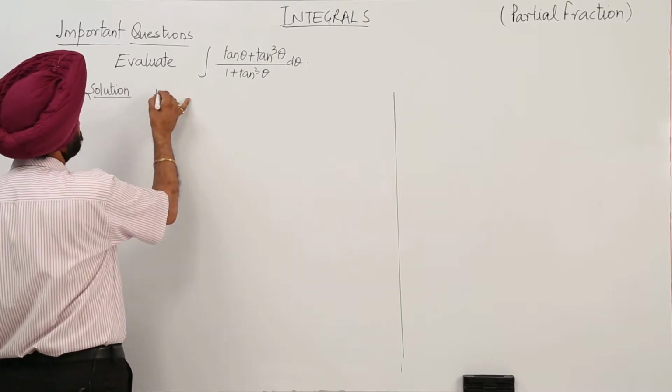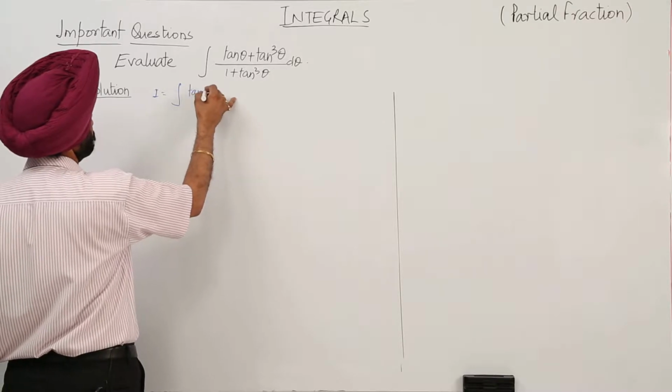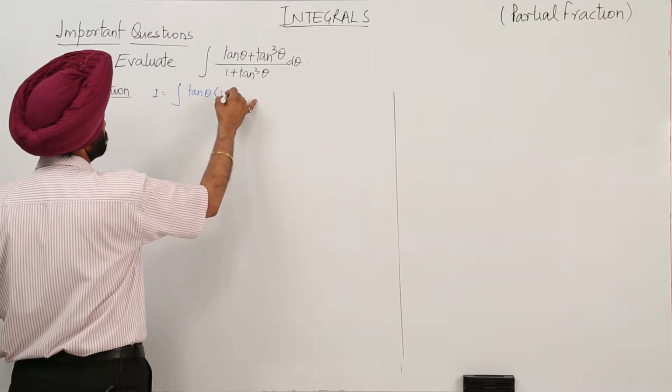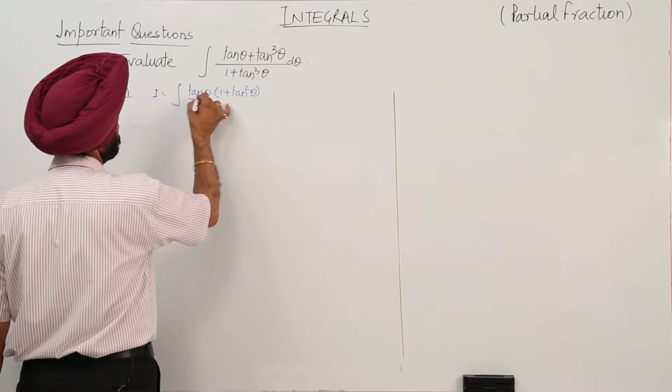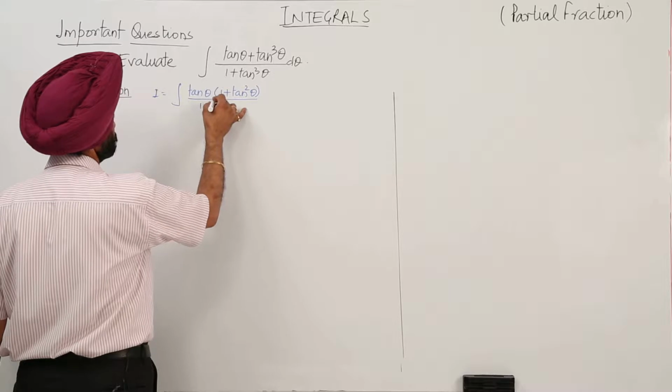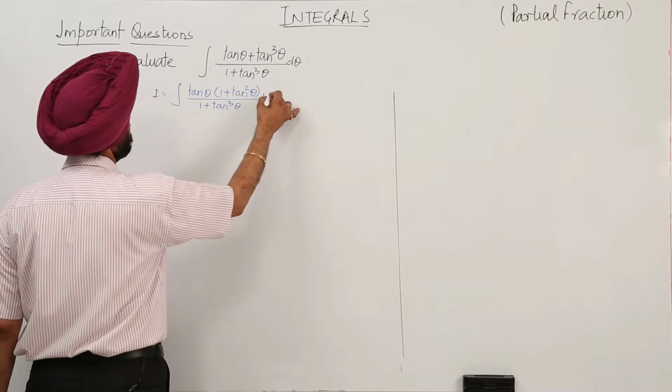Important question. Now we can write this as integral of tan theta (1 plus tan square theta) upon 1 plus tan cube theta d theta.